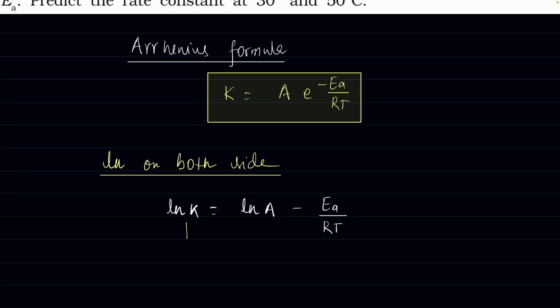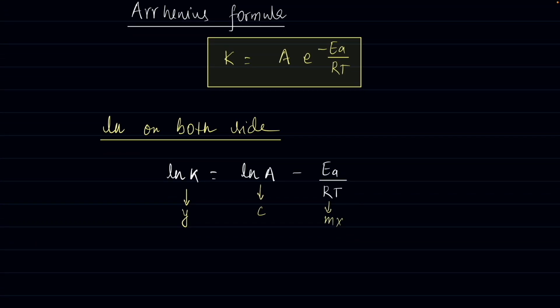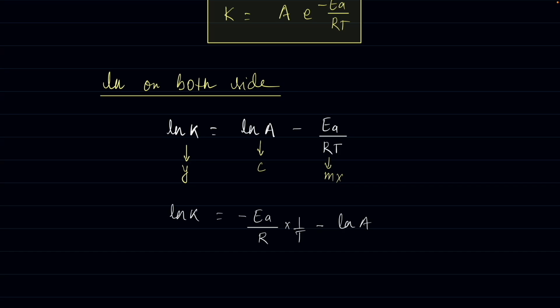If we assume that this is your y, this is your c, and here is the m into x. It means that if we arrange it properly, now you see this is completely your y, and now this is the m.